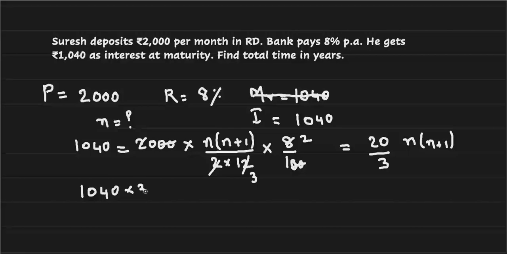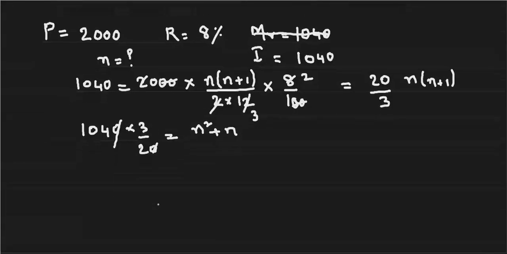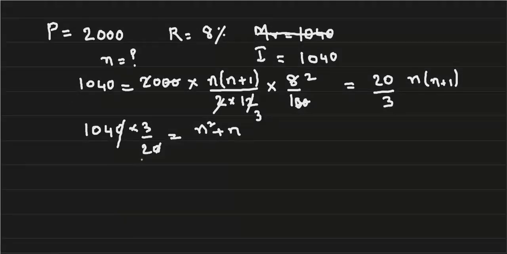1040 multiplied by 3 divided by 20 equals n into n plus 1, or you can write n square plus n. So here this 0 gets cancelled, and what is remaining here? 52 multiplied by 3, 156, equal to n square plus n.